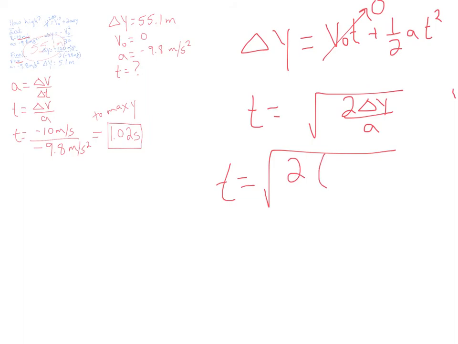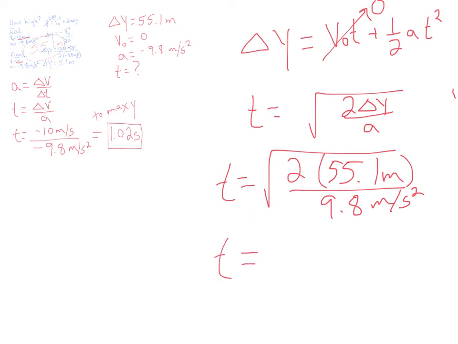And so when we plug in our numbers here, we get the time is equal to the square root of 2 times 55.1 meters divided by 9.8 meters per second squared, and we get about 3.35 seconds.